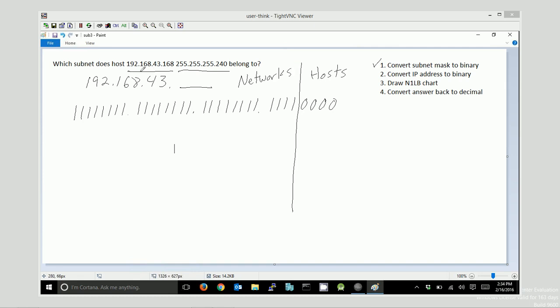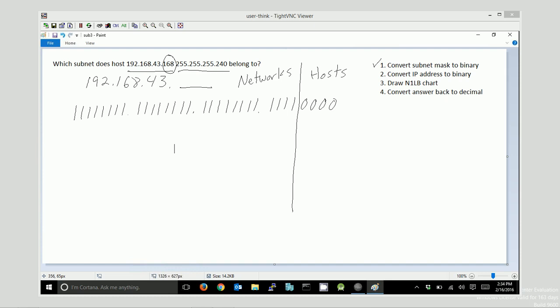The next thing I can do is convert the IP address to binary. But I don't need to convert the entire address, because the only part that is going to change is this one right here. We've already decided 192.168.43 is the same because these are all ones. The only one you have to play around with in here is this 168.